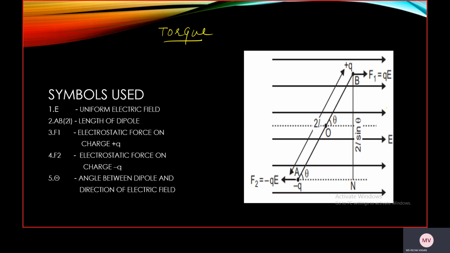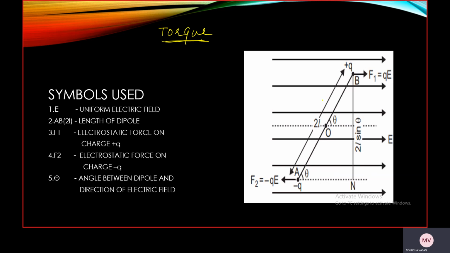So when a dipole is placed in an electric field making an angle theta with the uniform electric field, the dipole will experience a rotational effect called torque, formed by the forces acting on the two points of the dipole where its charges are residing. So now we understand why torque will be created on the dipole, right? Now we have to find out the formula.